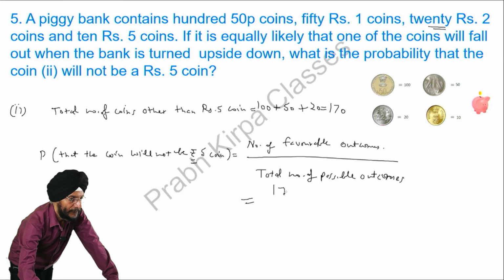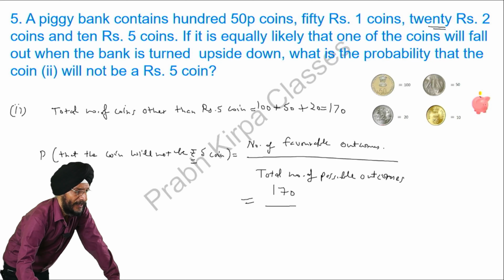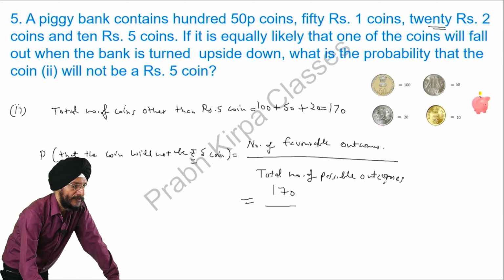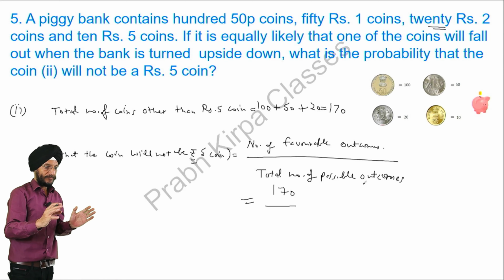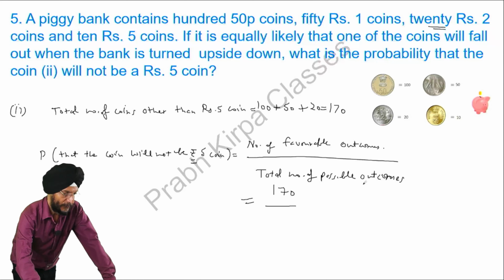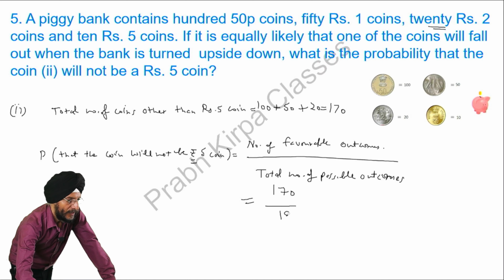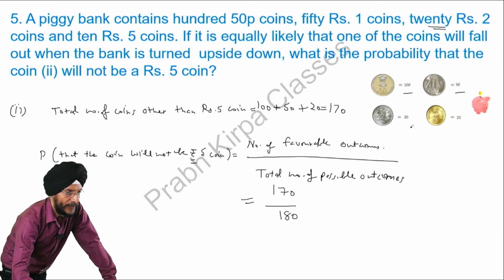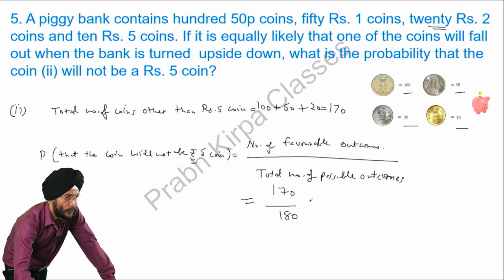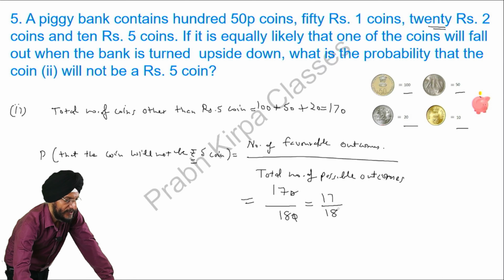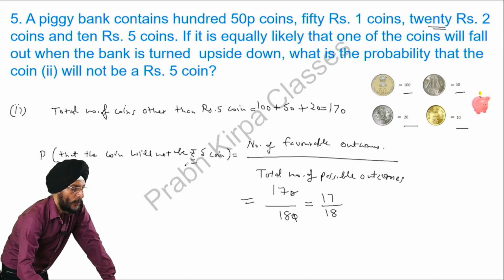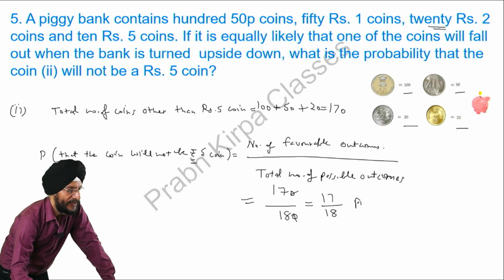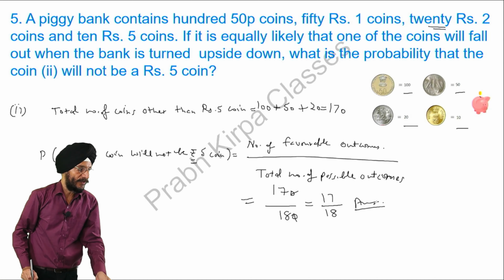It is 170. Here we will write the total number of possible outcomes, meaning all the coins including rupee 5. We have already calculated that the total coins are 100 plus 50 plus 20 plus 10. The total coins are 180. So we will divide the same. So this is the probability that the coin will not be a rupee 5 coin, 17/18. This is the answer before you.